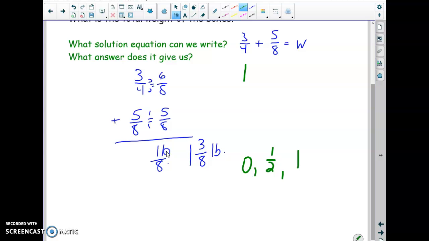The 5/8, well, I know 4/8 is 1/2, and 5/8 is pretty close to 1/2, so I'm going to say 1/2. So you've got 1 and 1/2. 3/8 is pretty close to 1/2, so it's very close. So if you run into problems with fractions, you're going to round the fraction part to either 0, 1/2, or 1.